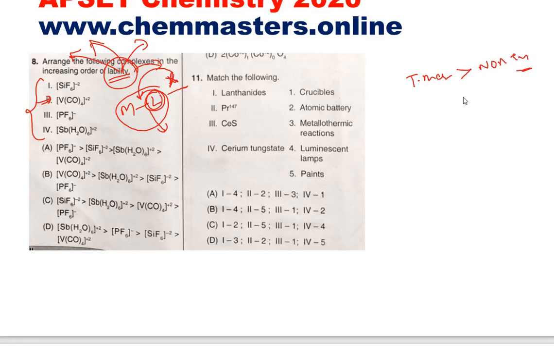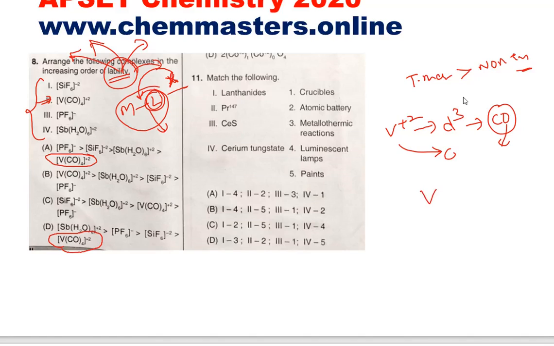Based on this concept, we can say the vanadium complex is the least labile in the given complexes. Vanadium is in plus 2 oxidation state with a d3 electronic configuration with strong field ligands. CO ligands are there. We know that CO can also act as a pi accepting ligand.